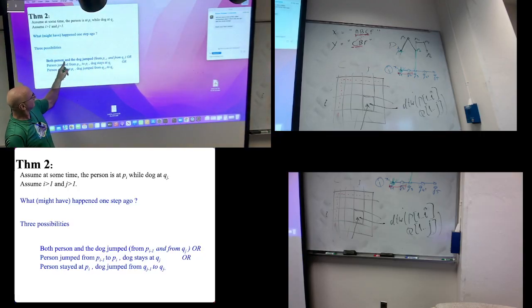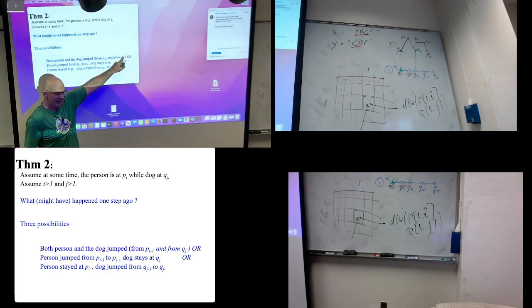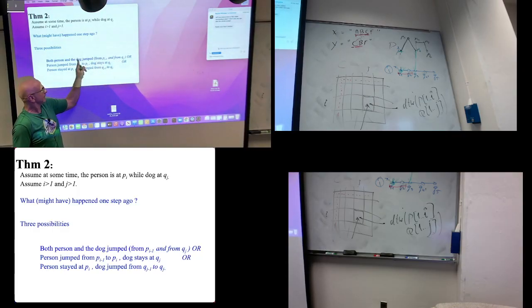So in the last step, both the man and the dog jump: the person jumped from Pi minus 1 to Pi, and the dog jumped from Qj minus 1 to Qj.